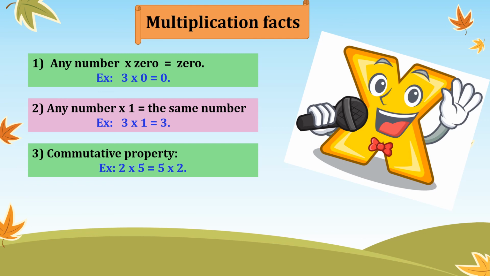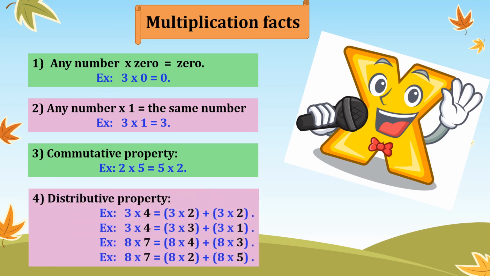The last one we studied today is the distributive property. For example, we can split a number into 2 smaller numbers like this. 3 times 4, I will split 4 into 2 and 2. It will be 3 times 2 plus 3 times 2. And I can also split the 4 into 3 and 1, 3 plus 1.